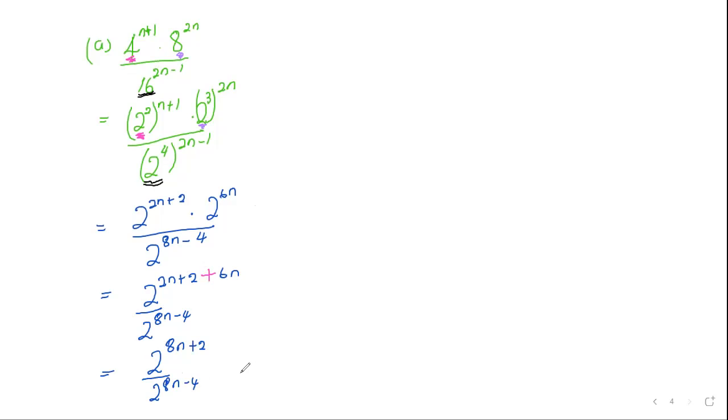Now, if we divide powers that have the same base, base is 2 here, we subtract. So it's going to be 2 to the 8n plus 2, we subtract 8n minus 4.